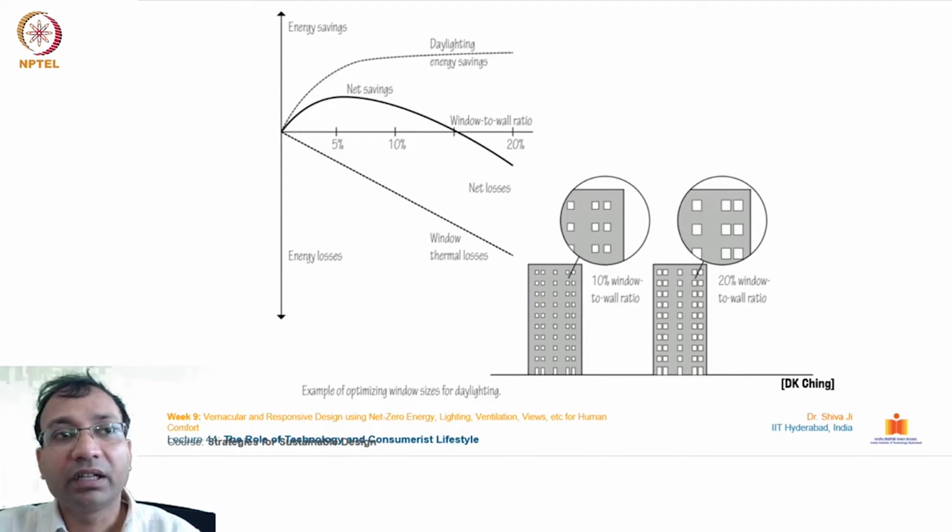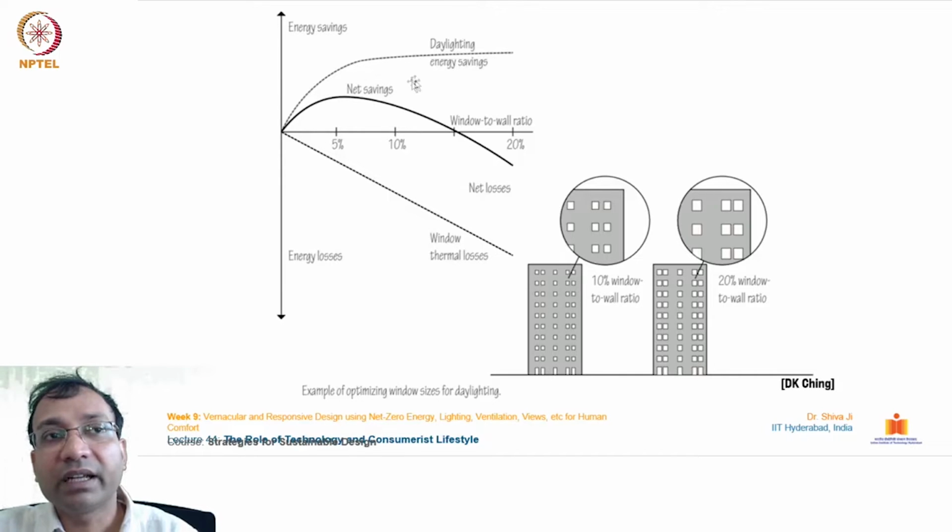Further, in this next illustration, it is shown how to optimize window sizing for daylighting. In the first figure, there is a 10% window to wall ratio, WWR, and here it is 20% WWR. In both situations, you can see how it drives the net saving. On the x-axis, the window to wall ratio is 5, 10, 15 and 20%.